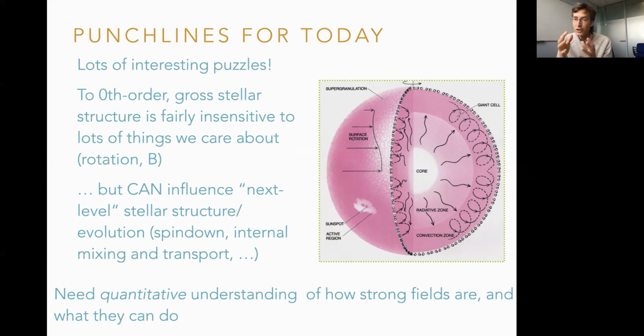So if you start trying to do stellar astronomy at the 5% level or 10% level, there are all these interesting questions that open up to you. But to answer them, you have to have quite a detailed understanding of what kinds of fields you build, how those depend on rotation rate, and how they feed back on heat transport and on angular momentum transport. So you need, in other words, a quantitative understanding of how strong the fields are and what they can do. That's what we're going to be trying to build over the course of the next couple lectures.